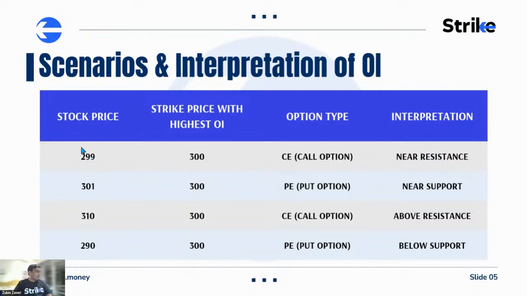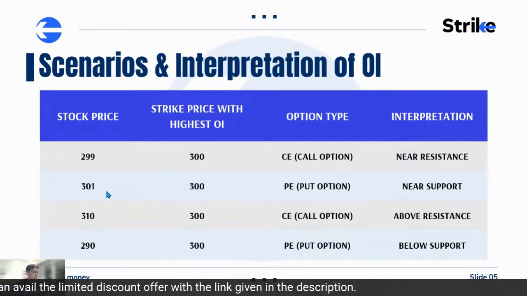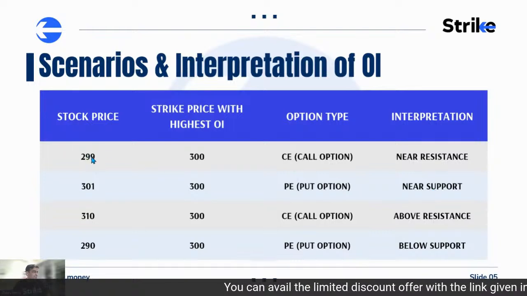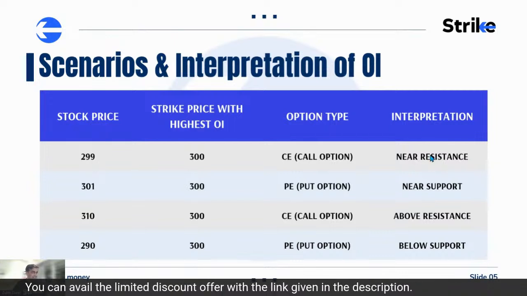When the stock price goes from 299 above 300, let's say it comes to 301, and with the 300 put option, when the stock price is just above it, we will say that the stock is near the support.